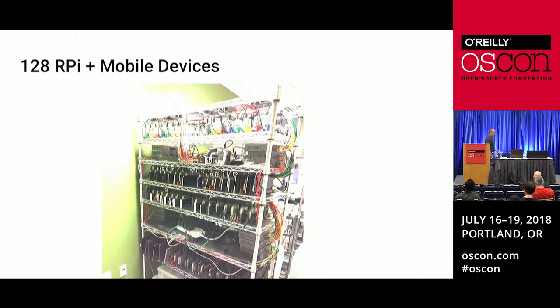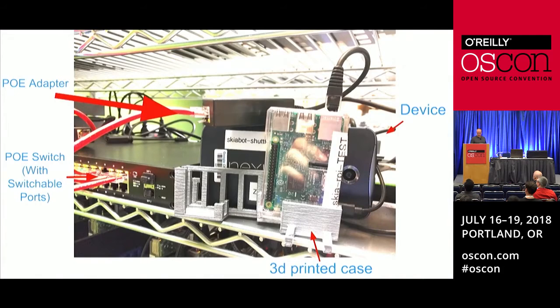And so this is now part of my lab. What you're seeing there is one rack in my lab. That is 128 Raspberry Pis and 128 mobile devices attached to them, Android and iOS devices. Every device has its own Raspberry Pi attached to it.